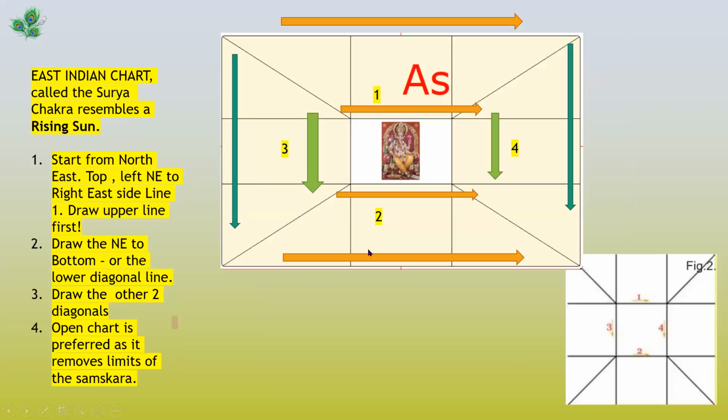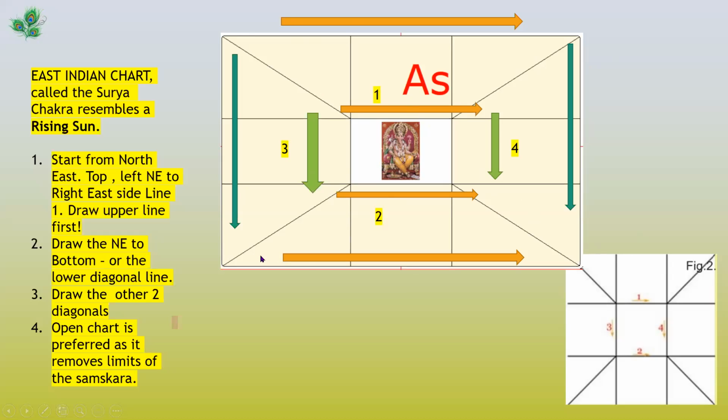And it's the same thing with this much simpler chart, the Surya Chakra. You begin top, bottom, and then third and fourth, and then it's like the rays of the sun. You always begin with the northeast corner, and then move towards here.